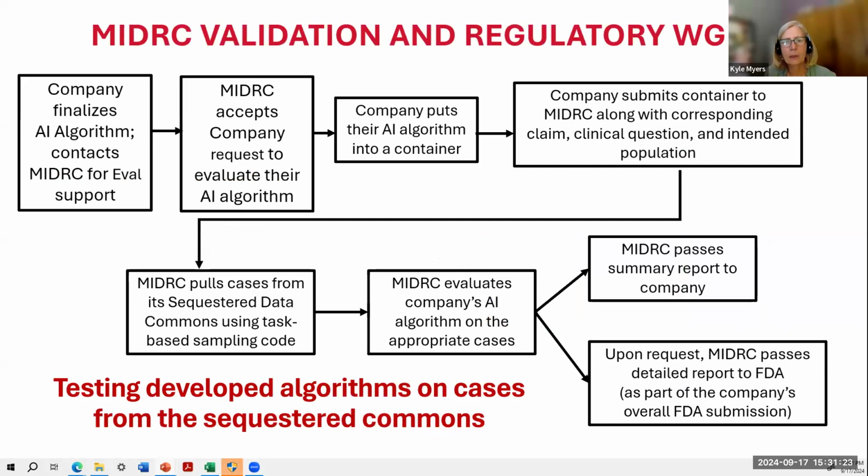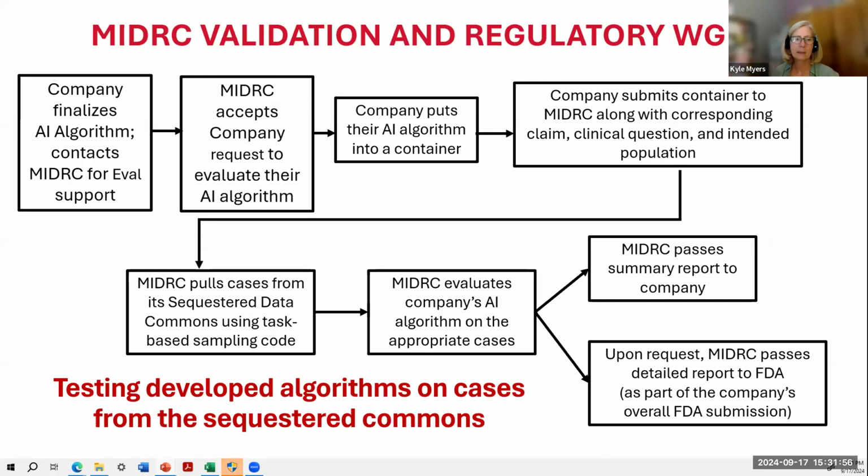Our workflow, again, will look something like this, as developed by a working group we've established in MIDRC that we're referring to as the Validation and Regulatory Working Group, or VRWG. The company finalizes the algorithm and makes a request for testing to MIDRC. MIDRC, if they accept the algorithm evaluation request, allows the company to put the AI algorithm into a container and submit that to MIDRC along with their corresponding claim, clinical question, and intended population.